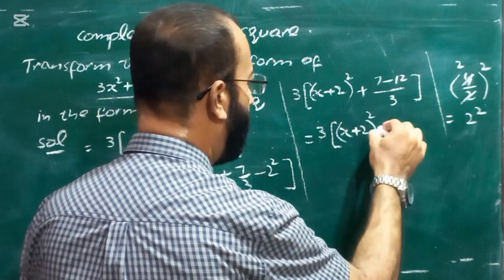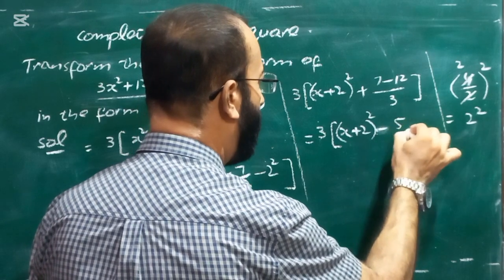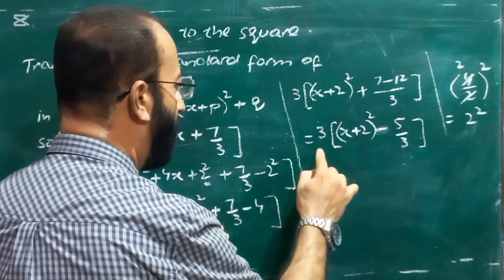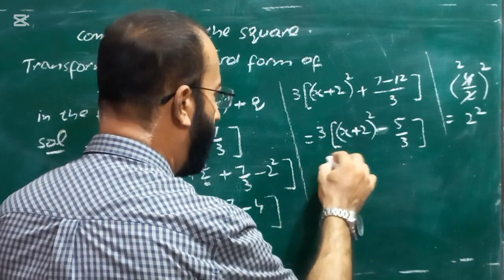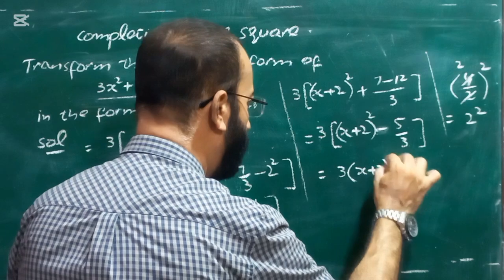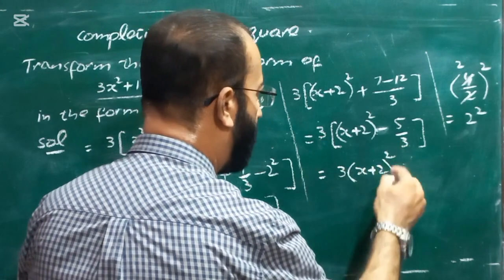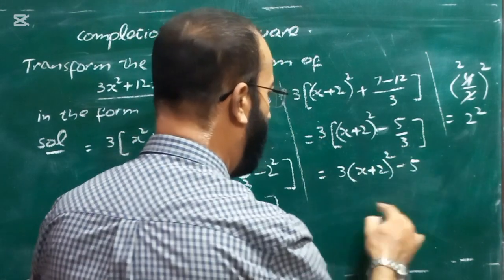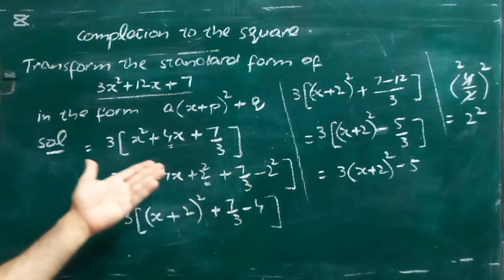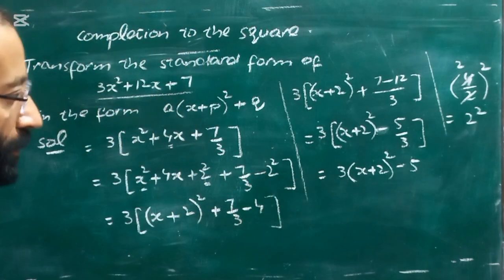So minus plus minus, so minus 5 by 3. Now multiply this 3 inside the bracket, so it will become now 3 into (x plus 2) whole square. This 3 will be cancelled by this, so remaining will be minus 5. So this is the vertex form of this equation.